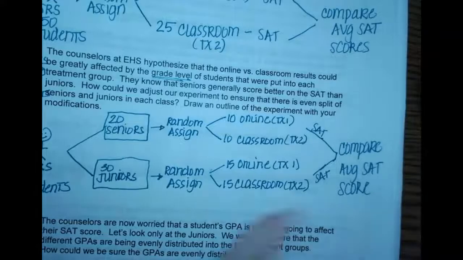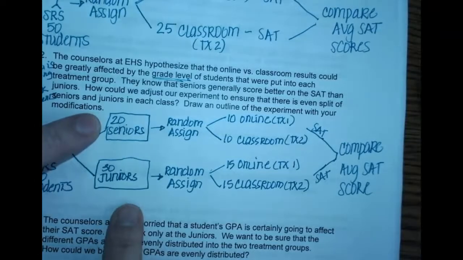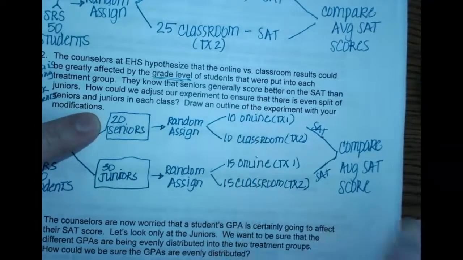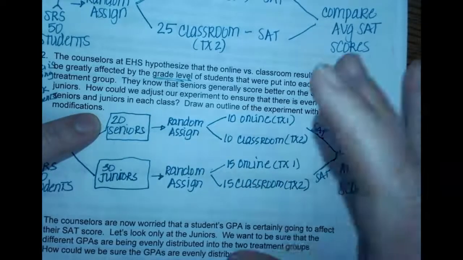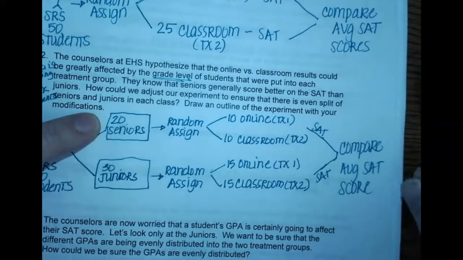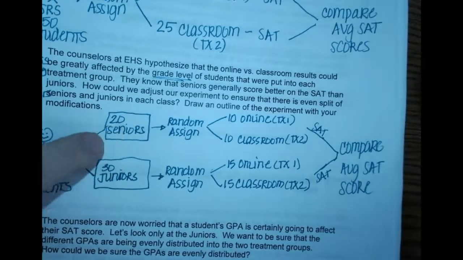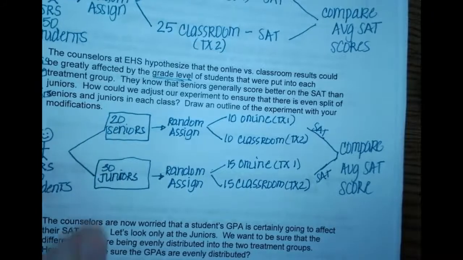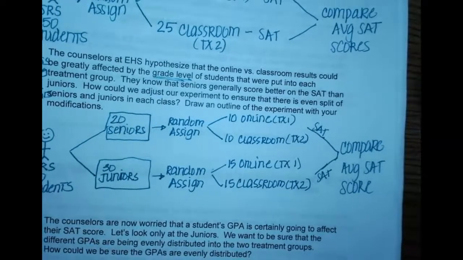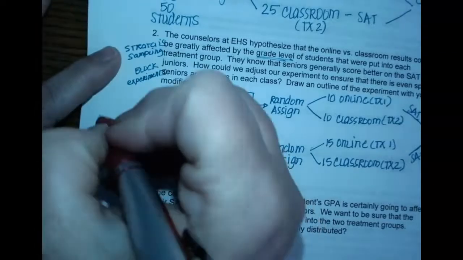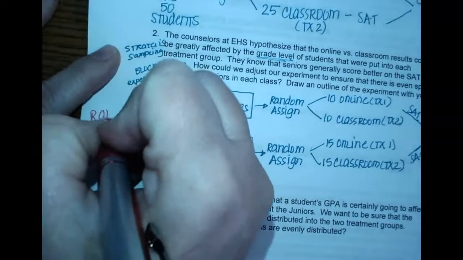So what you've done is you've created these blocks to kind of help you, and then we can compare the seniors to the seniors, and then we can compare the juniors to the juniors, and then we can compare seniors and juniors based on their learning experience, their learning location. So it just helps wash out this difference back over here between the grade levels. Okay? So that is what we call a randomized block design.